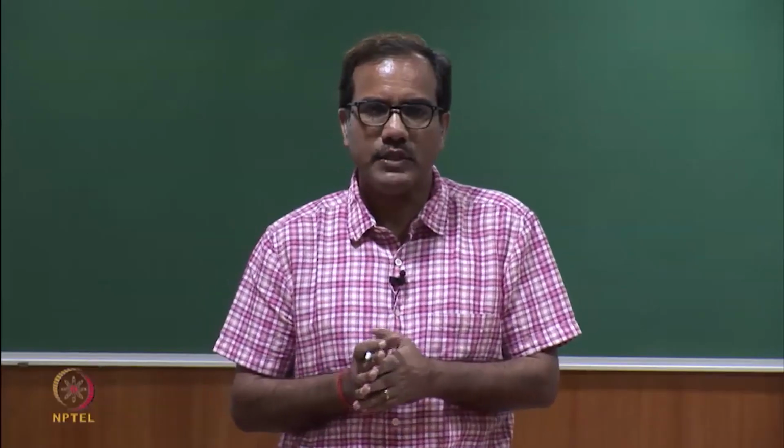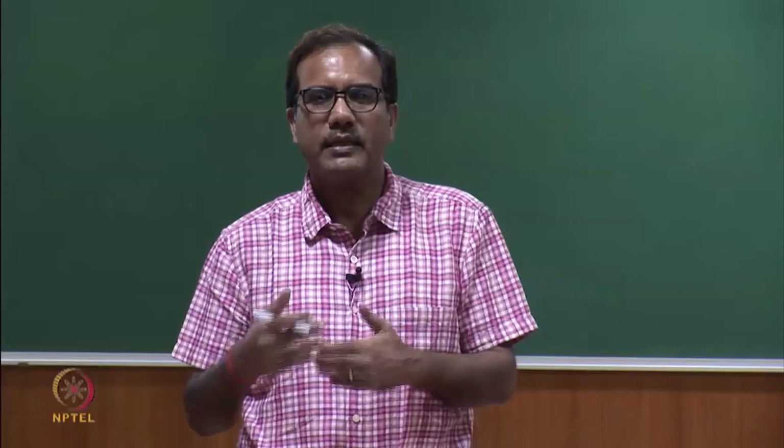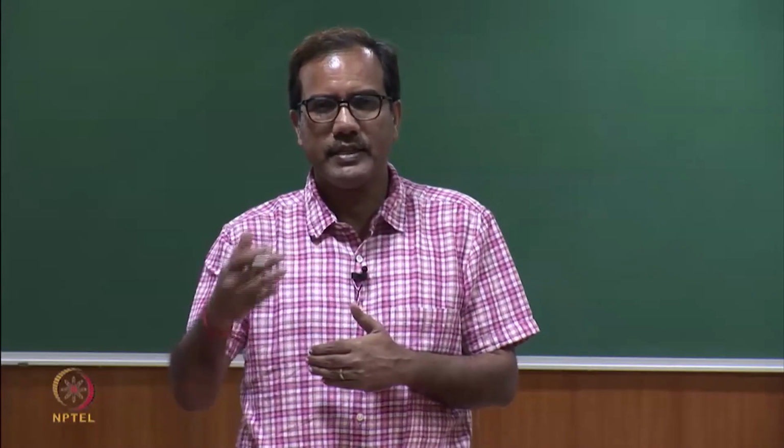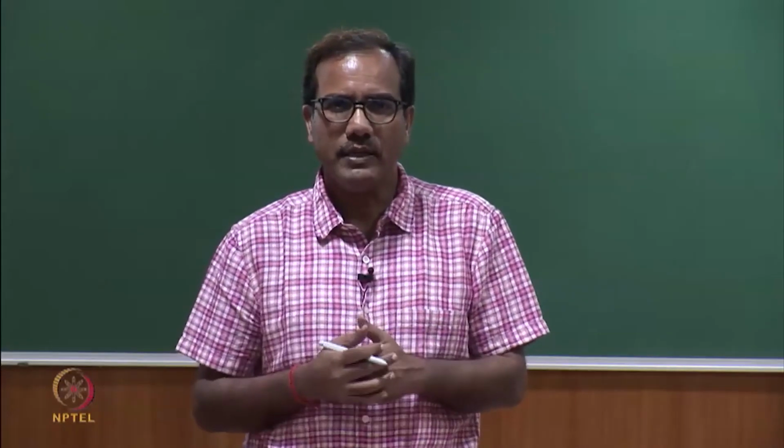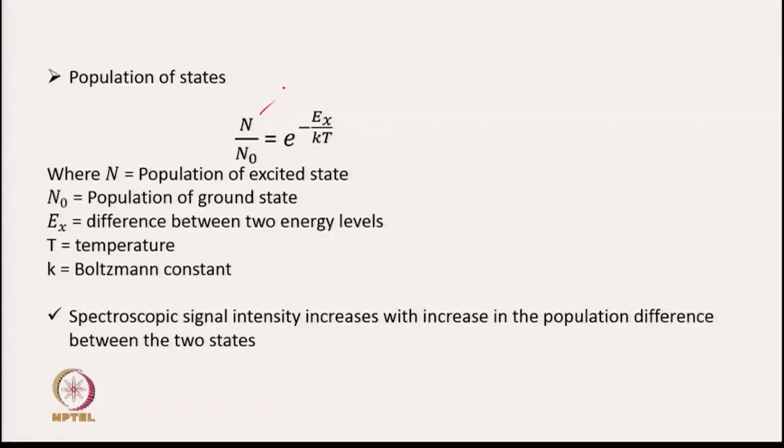Now, the distribution of particles in different states is given by the Boltzmann distribution law, which tells you that N by N naught is equal to exponential minus E x by kT, where E x is the difference between two energy levels.